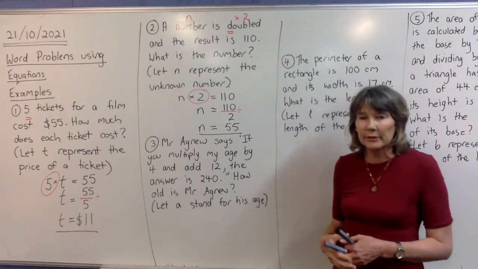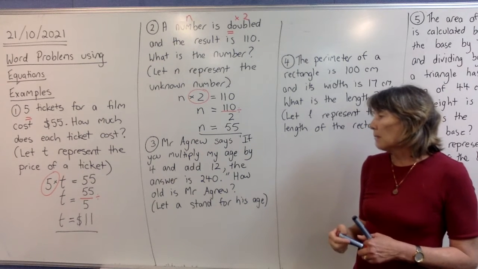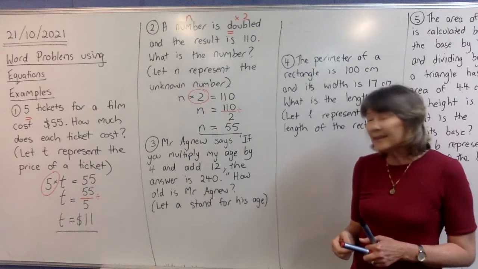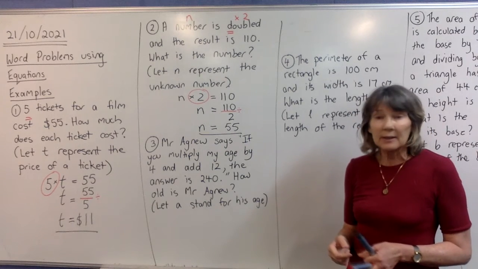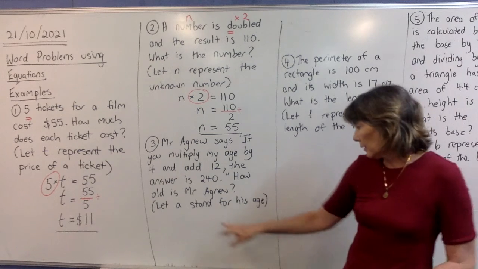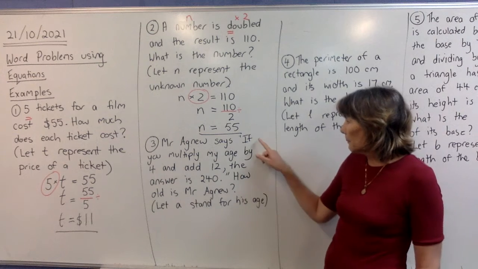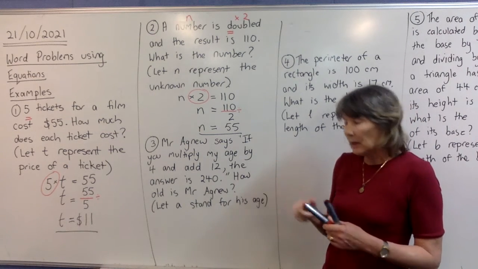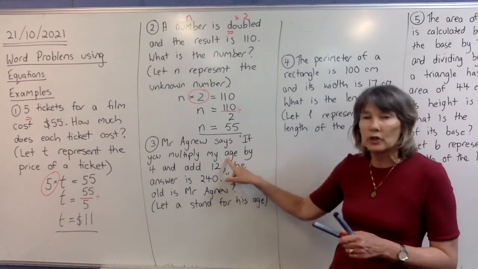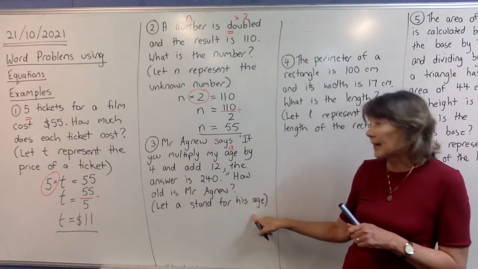Okay, let's look at number 3. Mr. Agnew says, if you multiply my age by 4 and add 12, the answer is 240. How old is Mr. Agnew? Now they've told you to let A stand for his age. So let's go up and read what he said here. If you multiply my age, now instead of my age we're going to write A, because we're letting A stand for his age.